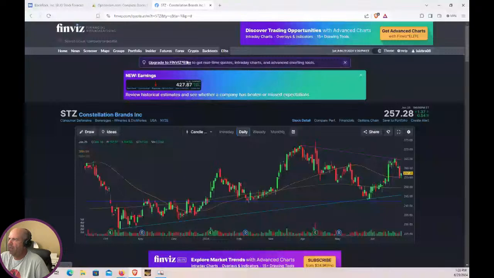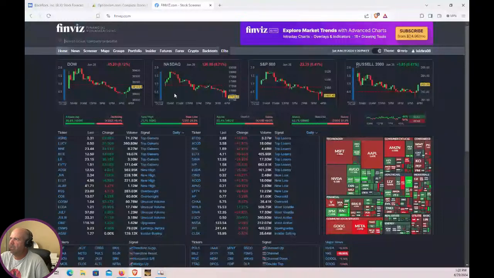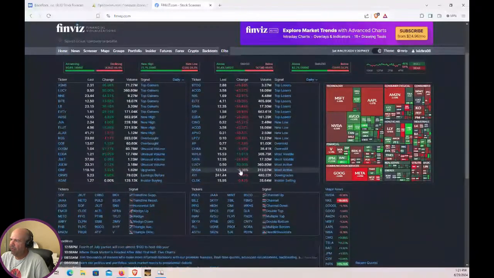They have a lot of tools over here that you can probably play with. In the home, you can see the map, which shows how all the stocks are doing. The Russell, S&P 500, Nasdaq, down, top gainers, all that kind of stuff.